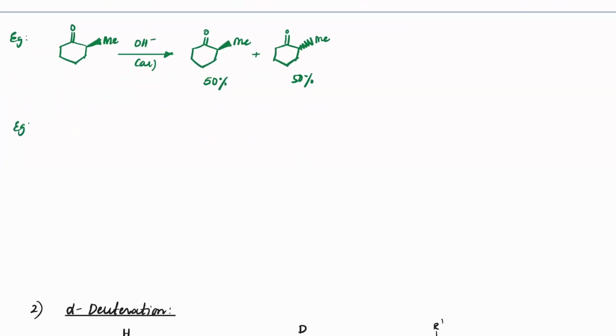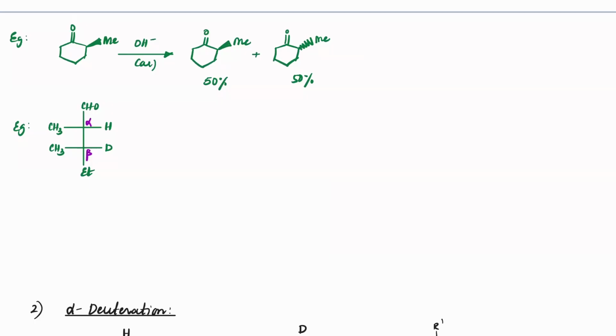Now see another example. What if we have CHO here, H here, CH3 here, and CH3 here, some deuterium here, and ethyl here. Just to remind you, this is alpha and this is beta carbon.